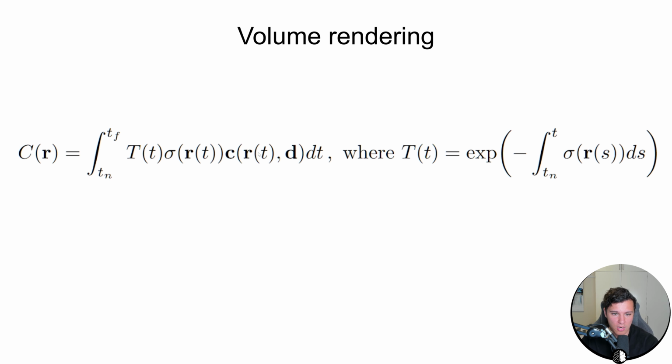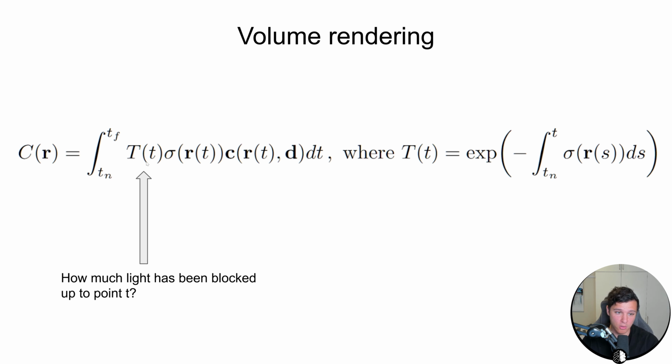So then we multiply three things here. The first one, capital T of t, which is how far we've gone along this ray, is basically describing how much light has been blocked up to this particular point t. So you might imagine there might be an object blocking in the beginning, and so then nothing will pass further on along the ray. So we want to know the information of that, and then we want to know what is the density at the point t that we're looking at.